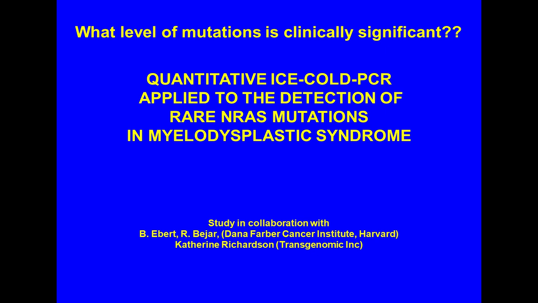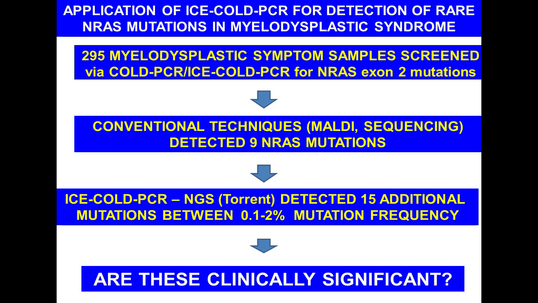So Ben Ebert and Raphael in their studies have shown that NRAS mutations are prognostic, but we didn't know about a very low level of NRAS mutation. What level of mutation should we be worried at? So we applied a study using ice-cold PCR to detect the very low-level mutations.